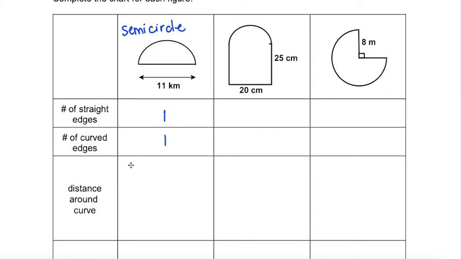So I'm going to take my formula for the circle, pi d, because I know the diameter, and I'm going to divide it by 2. So I'm going to take 3.14 times 11 divided by 2. And I can do this all in my calculator. So 3.14 times 11 equals 34.54, and divide that by 2 gives me an answer of 17.3 if I round to 1 decimal place.